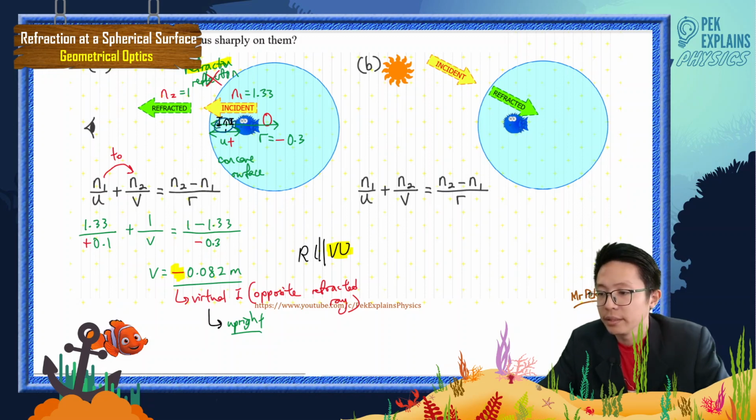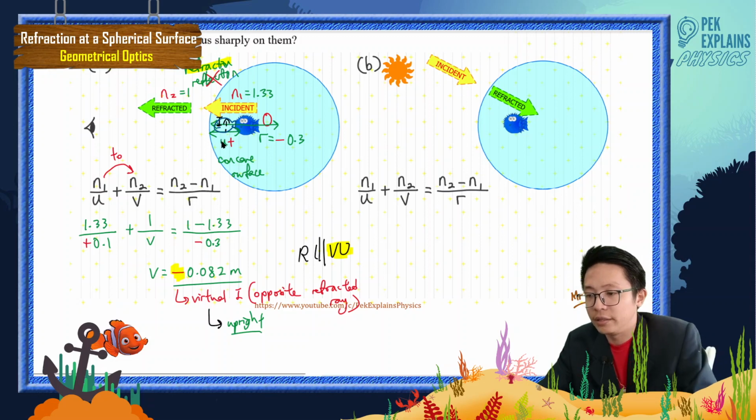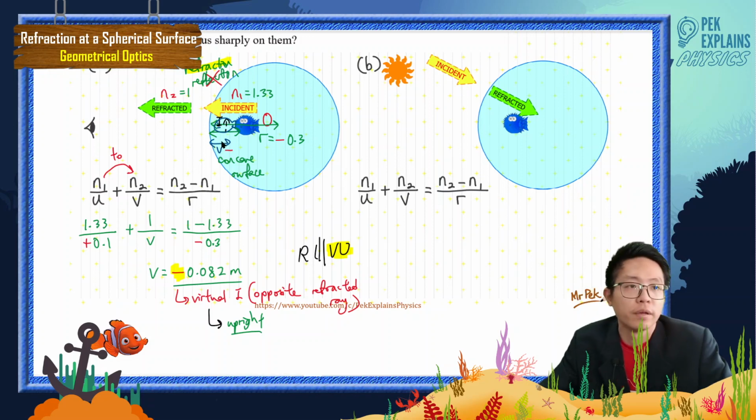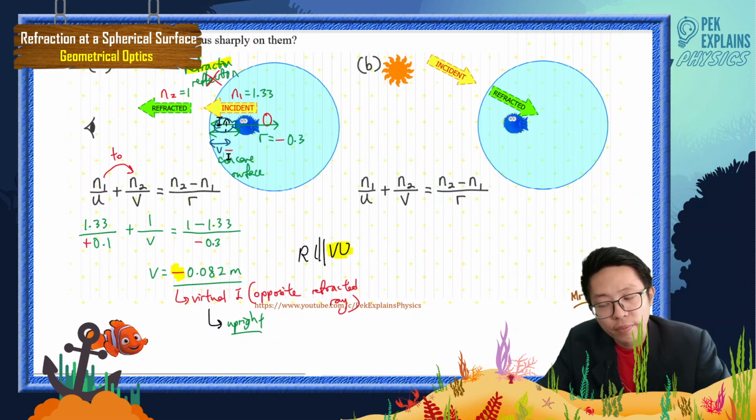Still see, the V is negative. This one you get the V. Let's write it off here. So he sees the image, and V is negative. Why is V negative? Because it is opposite to the refracted ray. The person still sees the fish inside the water.